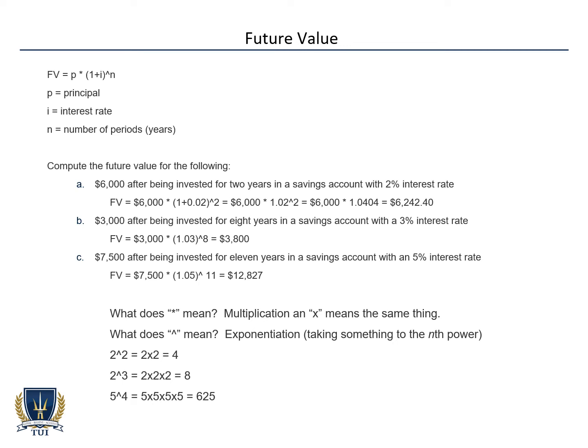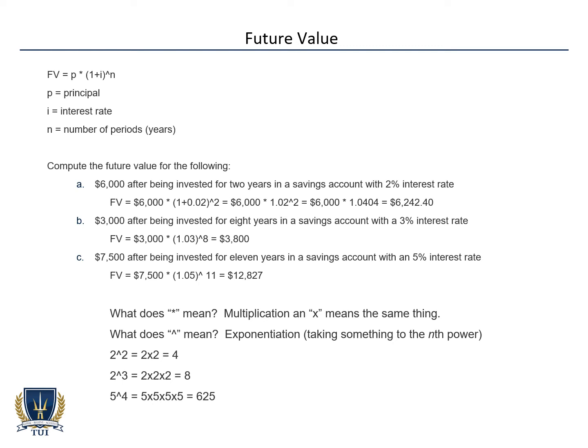You see the next example there was 7,500. That one's taken to the 11th power at a 5% interest rate. Now, what does it mean? The asterisk symbol means multiplication. The hat symbol means exponentiation.